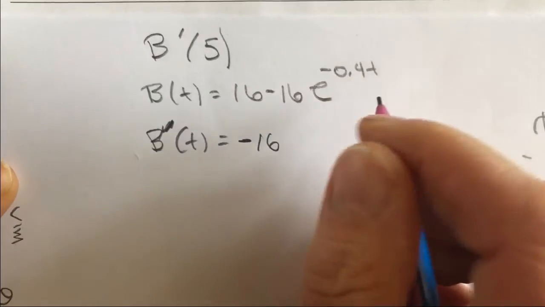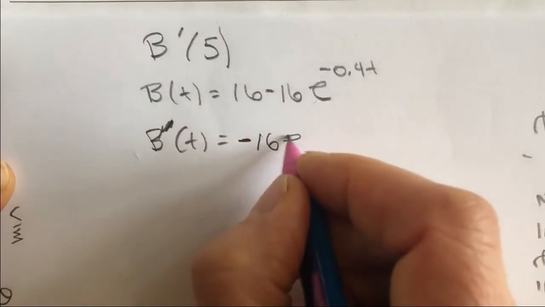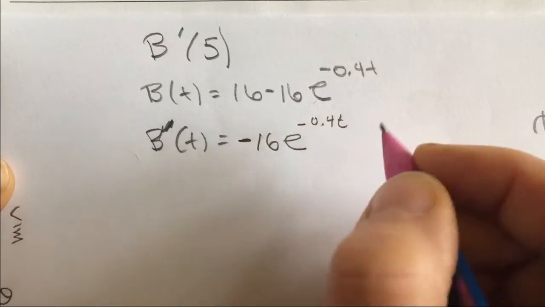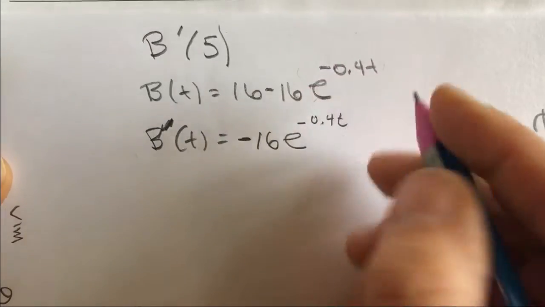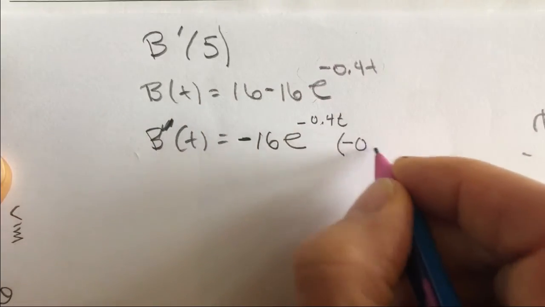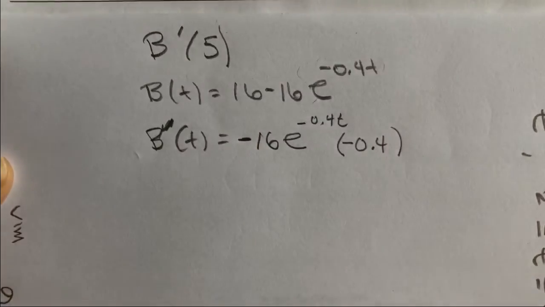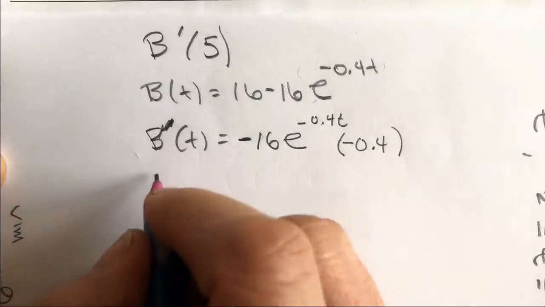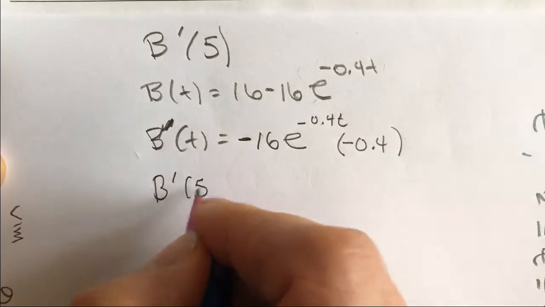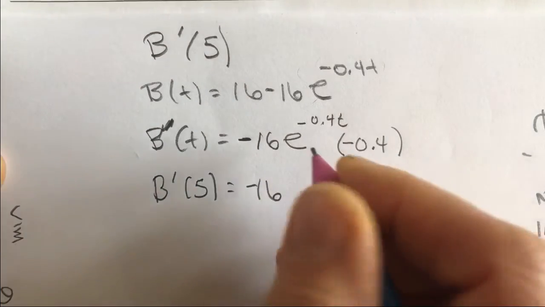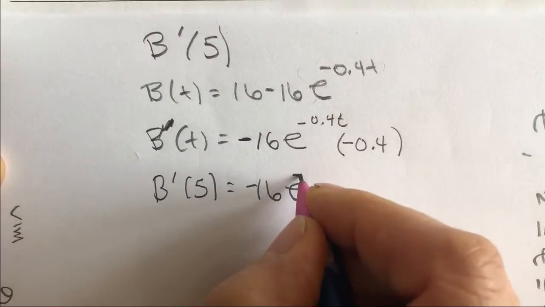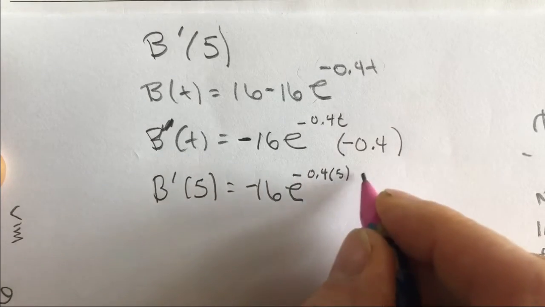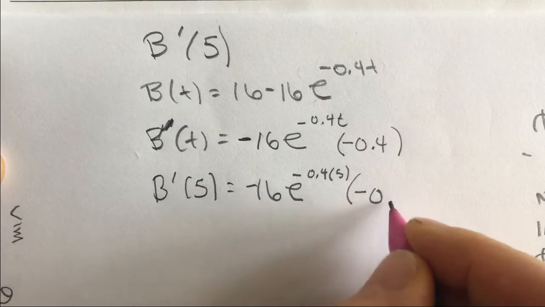To take the derivative of e to the u, it's e to the u, so I just copy it, times u prime, the derivative of the exponent, which is times negative 0.4. So there's the derivative, and now we just got to plug in 5. So b prime of 5 would be negative 16 e to the negative 0.4 times 5, times negative 0.4.